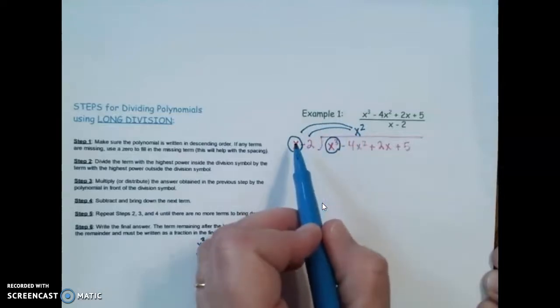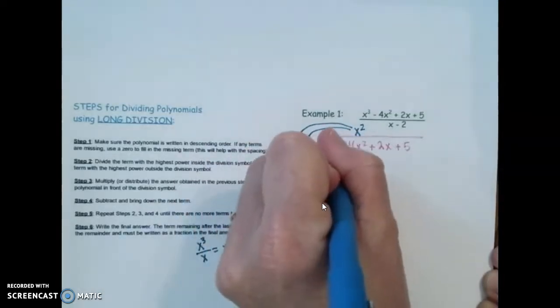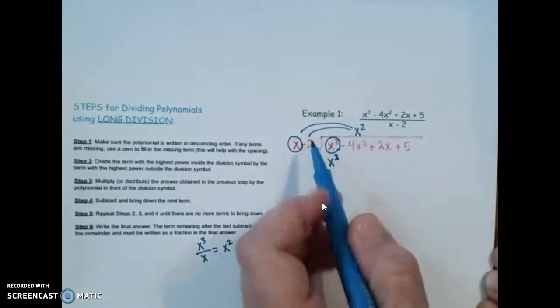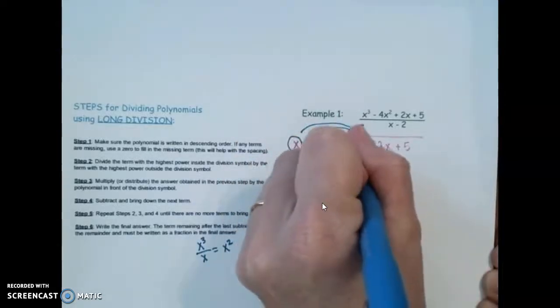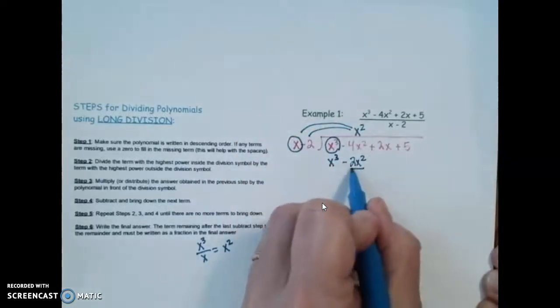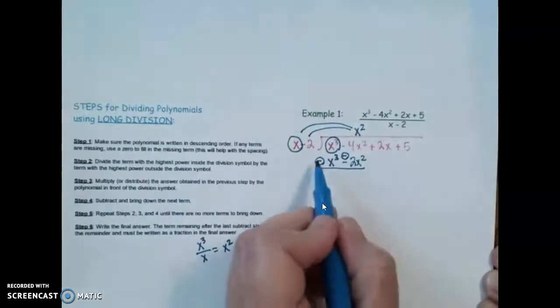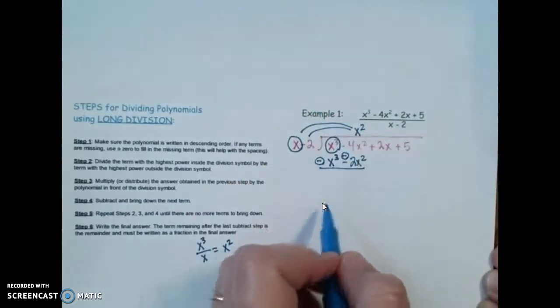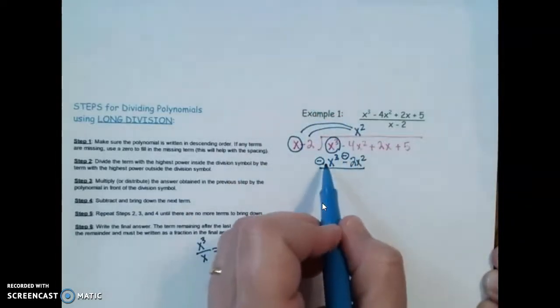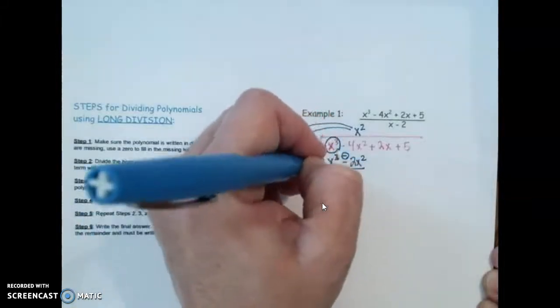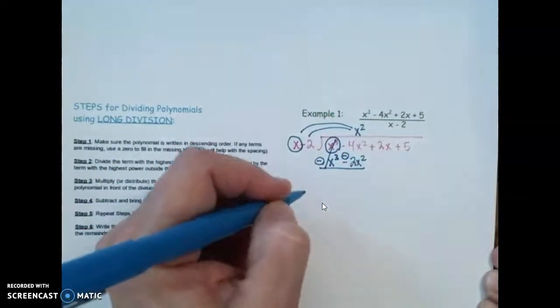So x squared times x gives me x to the third. x squared times negative 2 is negative 2x squared. You always subtract, so I put them in circles so I know that I've subtracted every term. And your goal is that your first term cancels out. So x to the third minus x to the third goes away.